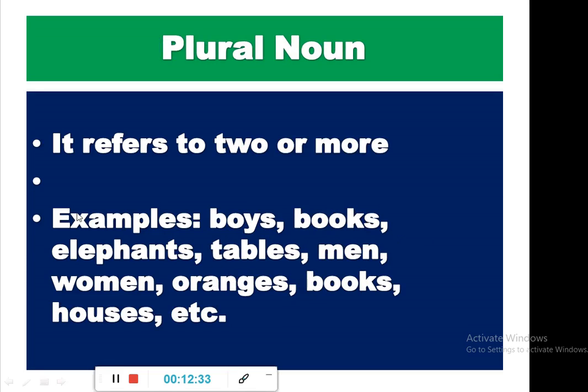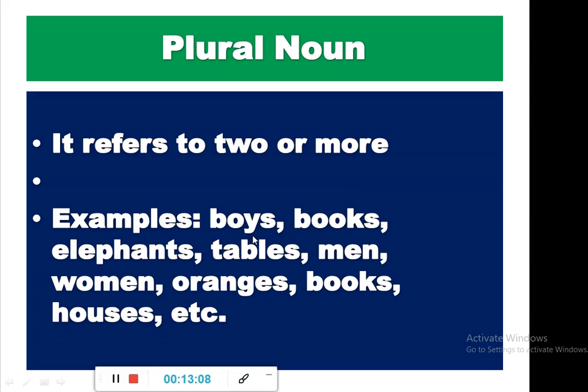Then the plural form is when we are talking about two or more of a particular thing or person. For example, boys. Boys refer to two or more young male human beings. We can talk of many boys, right? 2 books, 3 books, 2 elephants, 3 elephants, tables, men, women, oranges, books, houses.